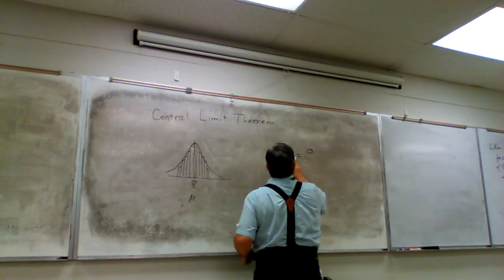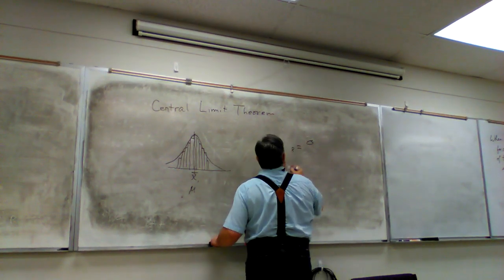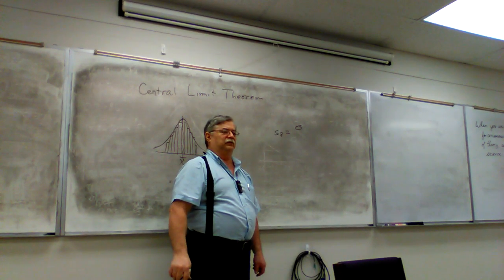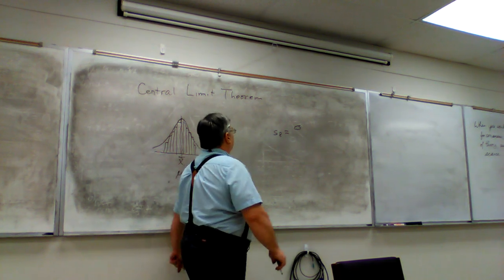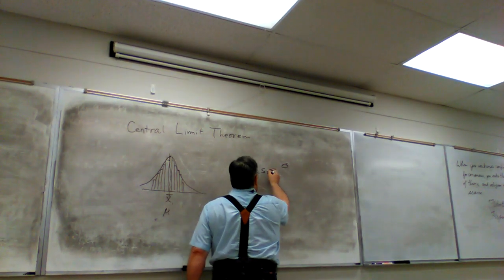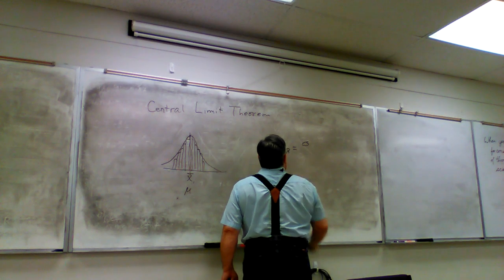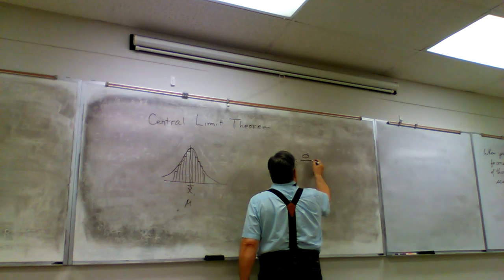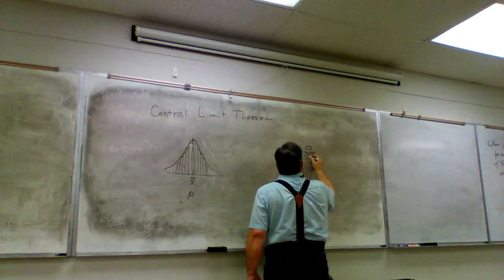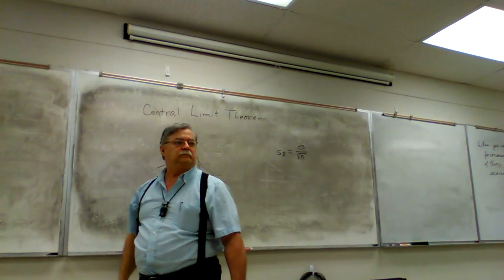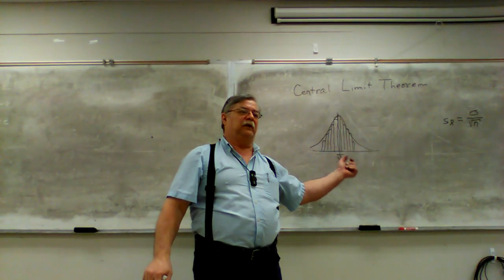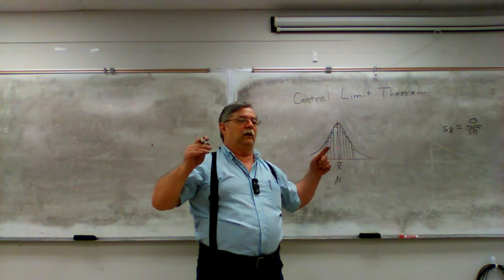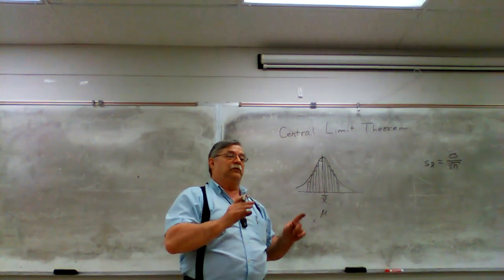In fact, let me rewrite this. I'm not sure how they write it in the book, but I'm going to try and make the distinction between the statistics and the parameters. The standard deviation of the means will be equal to the standard deviation of the population divided by the square root of the sample size. Remember, in order to do a sampling distribution of the means, all of the samples have to be the same size.